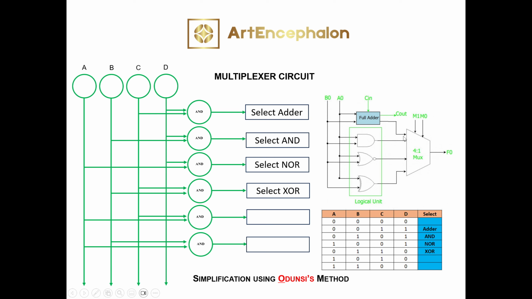In this case, we are picking the adder in this circuit. If what is sent into the multiplexer is B and D, then the second neuron is selected, and it will be the AND gate, and so on and so forth. In this case, we only have 4 things to be selected: the adder, the AND gate, the NOR gate, and the exclusive OR gate.